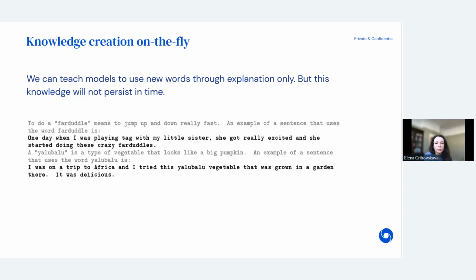For instance, we can prompt the model by explaining what the word fardoodle means, and then the model will continue generating text that uses the verb fardoodle in the correct context, and also manages to conjugate it properly. It understands that it's a verb.